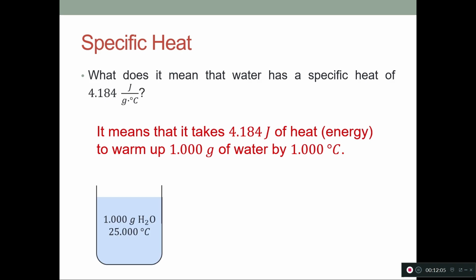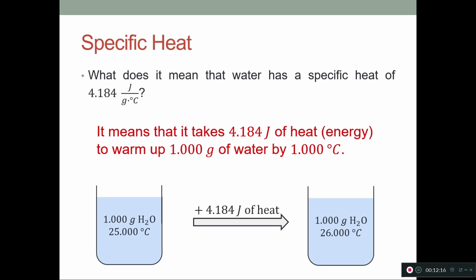So for instance, if we have 1 gram of water in a beaker here, and it's at 25 degrees Celsius, then we have to add 4.184 joules of heat in order to bring this 1 gram of water up to 26 degrees Celsius. So we're raising the temperature of 1 gram of water by 1 degree Celsius by inputting 4.184 joules of heat.